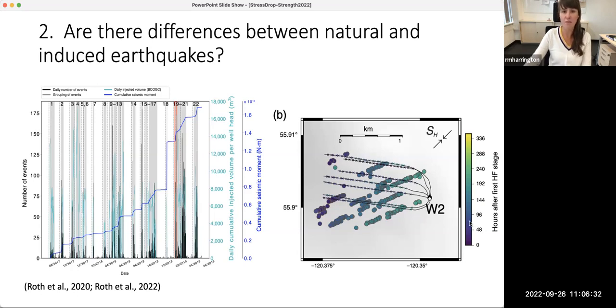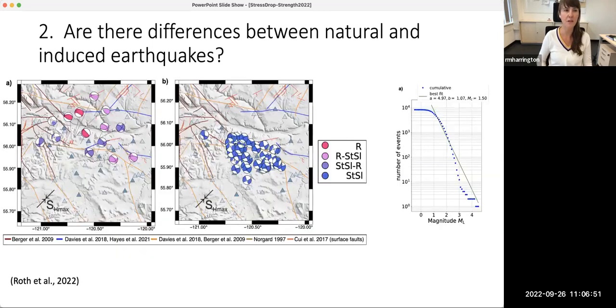Again, they're very well spatially and temporally correlated with the injection activity, but they seem to be reactivated naturally pre-existing faults. And they don't necessarily seem to be related to mode 1 crack opening resulting from the hydraulic fracturing activity.